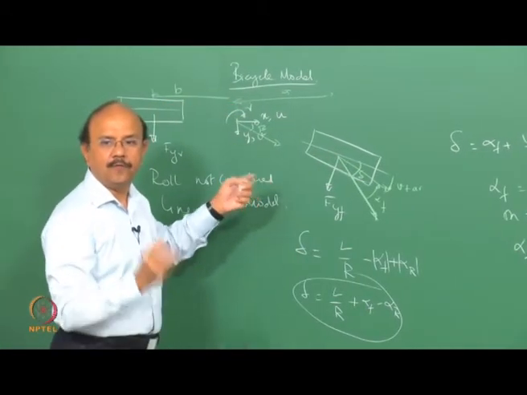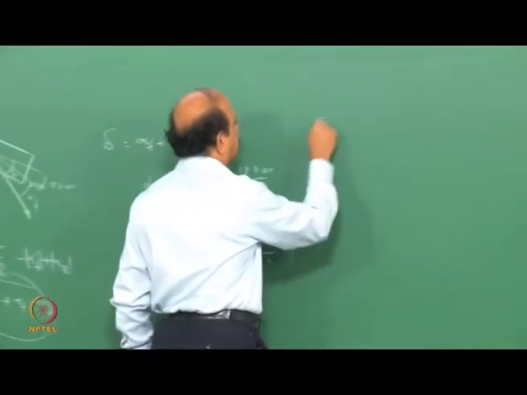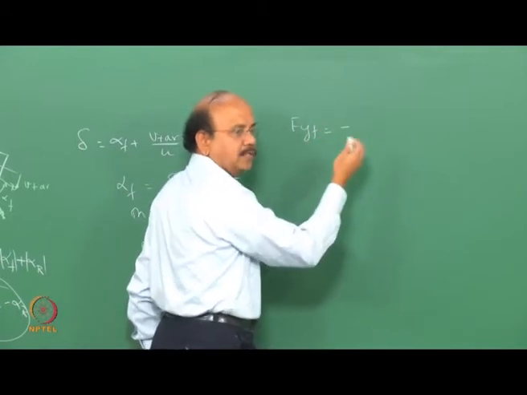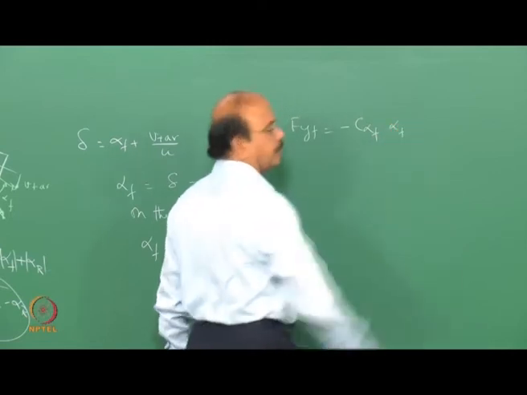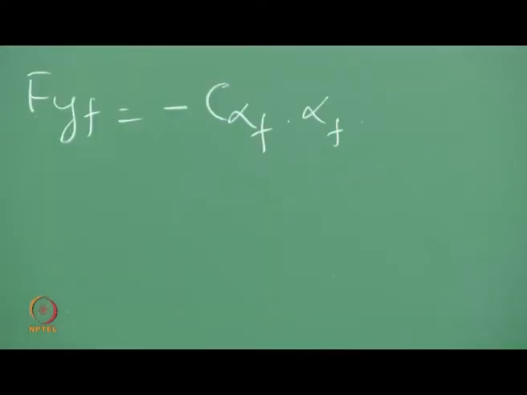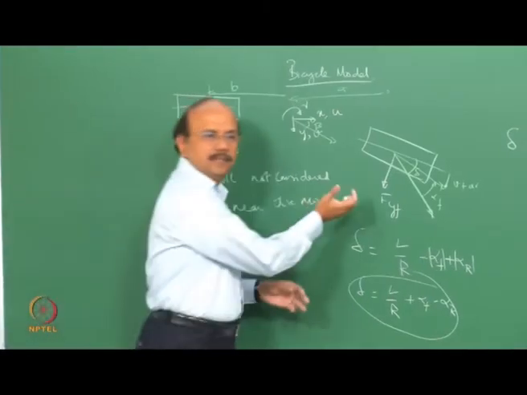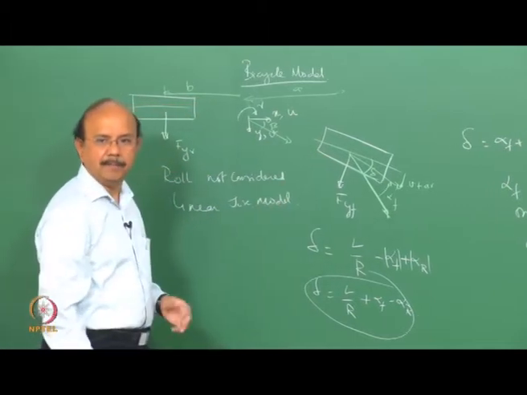So if you want to follow the signs clearly, you can write Fyf is equal to minus the constant which we called C alpha f into alpha f. That minus sign is again because the physics brings that sign. One is a negative direction that gives a positive Fy. That's why it is.